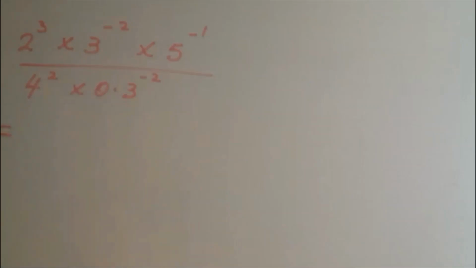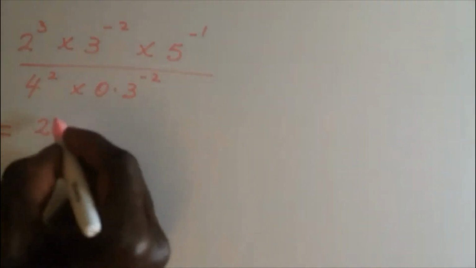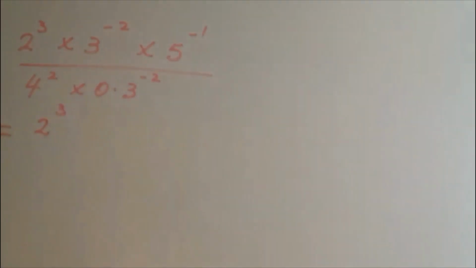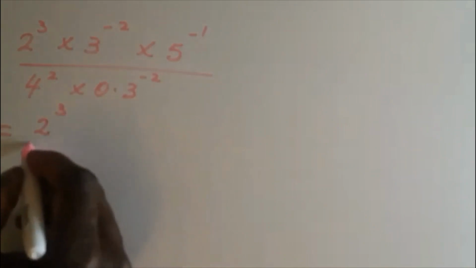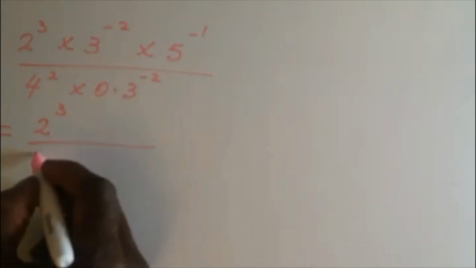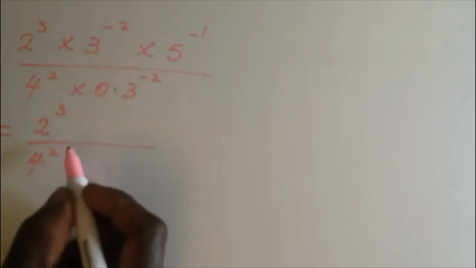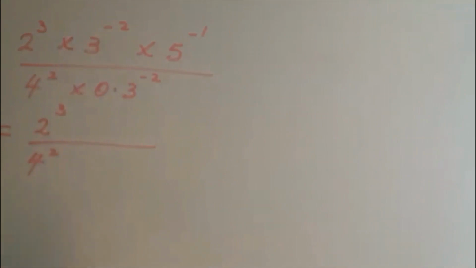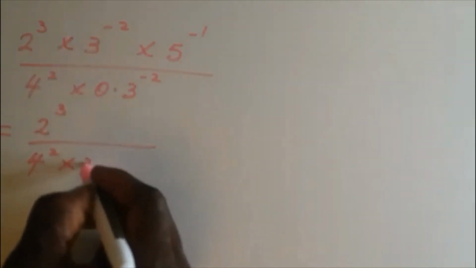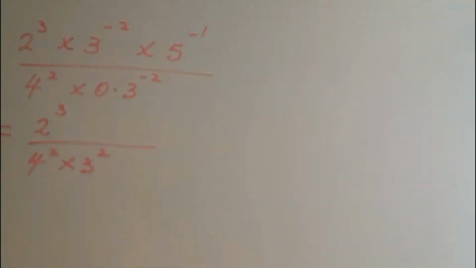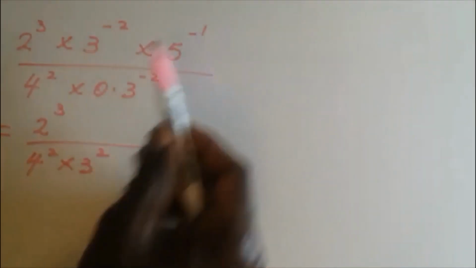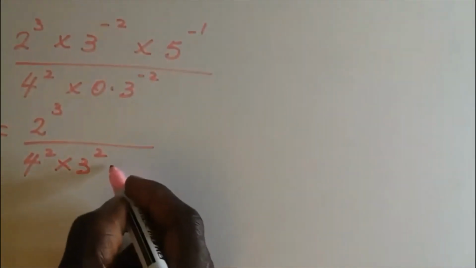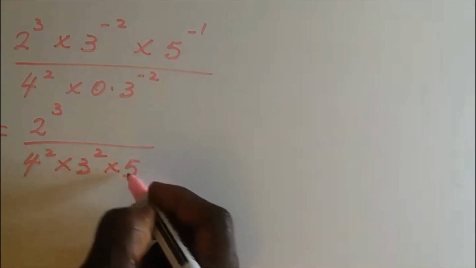We'll try and keep everything positive, so we'll have a 2 to the third power there. And in the denominator, we'll still have 4 squared. But we'll move the 3 raised to the negative 2 in the denominator, and that becomes 3 squared. And also the 5 raised to negative 1, that becomes just 5.